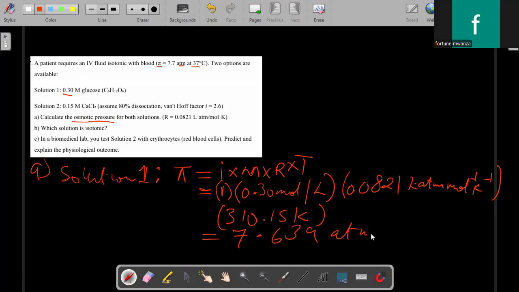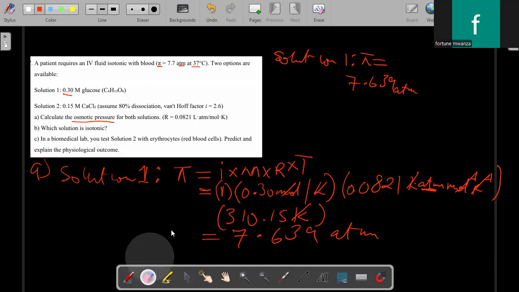The Kelvin and Kelvin go, the mole and mole go, the liter and liter go. That's the reason I'm remaining with the unit atmospheres. So for solution 1, my osmotic pressure pi is equal to 7.639 atmospheres.